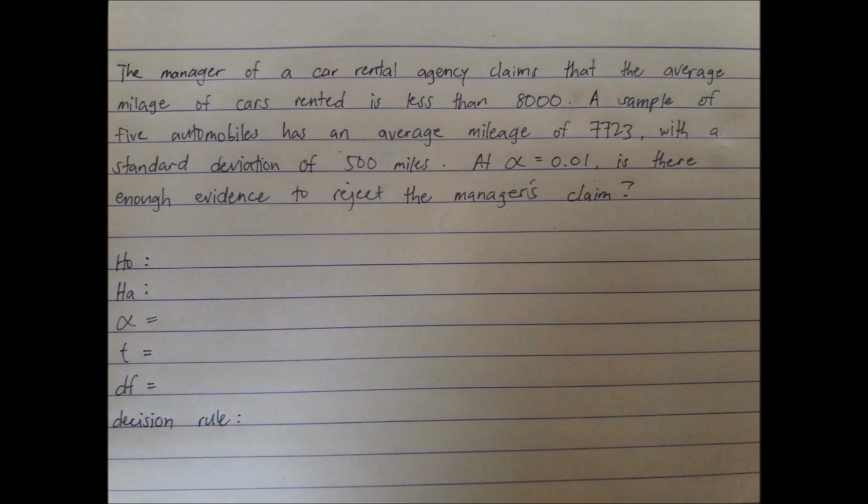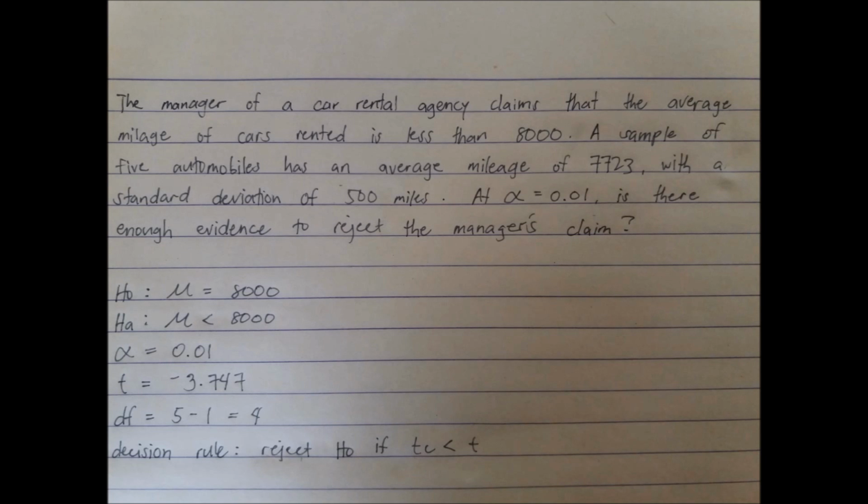Now that we have identified the givens of the problem, we can determine our H sub 0, which is mu equal to 8,000, and our H sub a, which is mu less than 8,000, which is a left-tailed test. For the degrees of freedom, we subtract 1 from the number of automobiles to get 4.